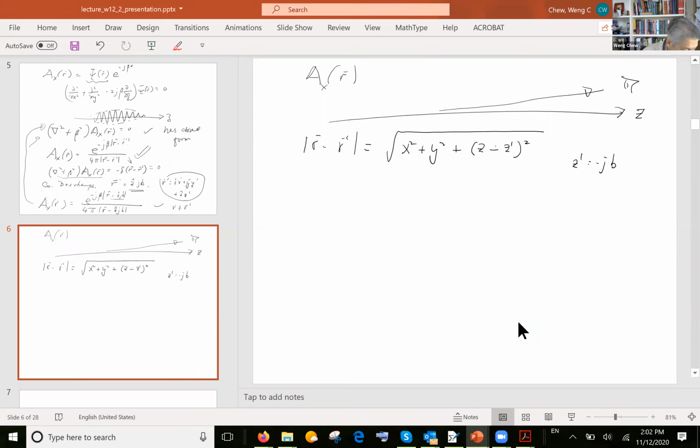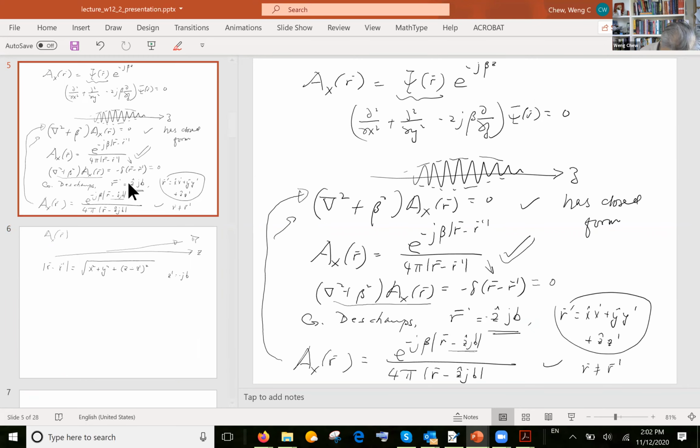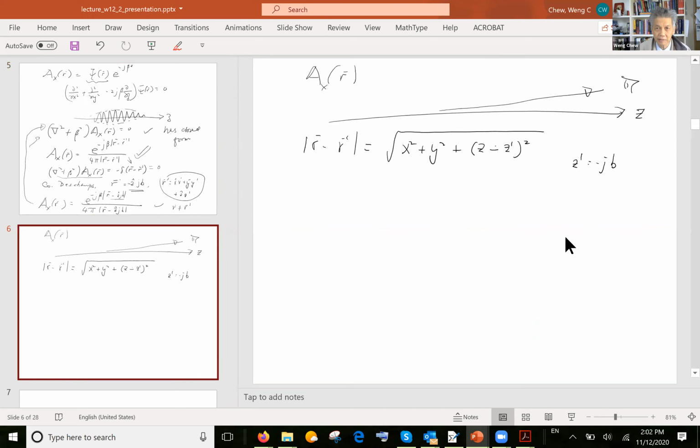Okay, that is what I have my z prime to be. Let me correct myself: I should put a minus sign here. Put a minus sign.